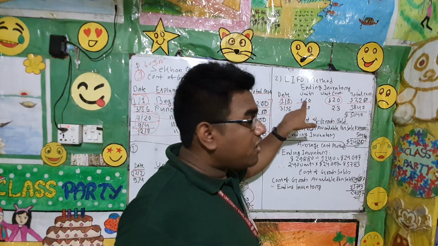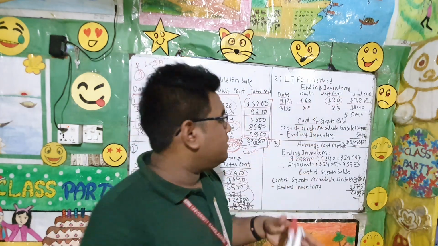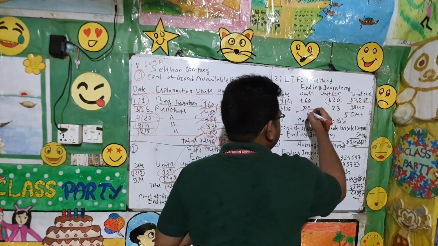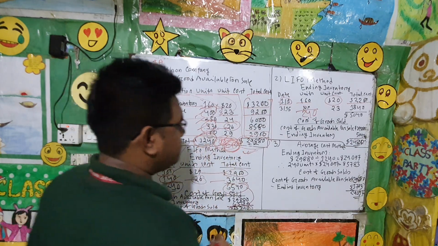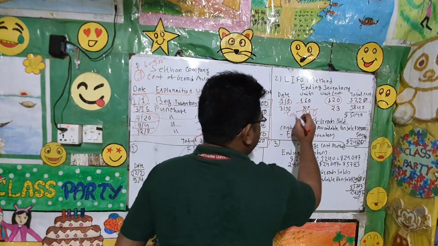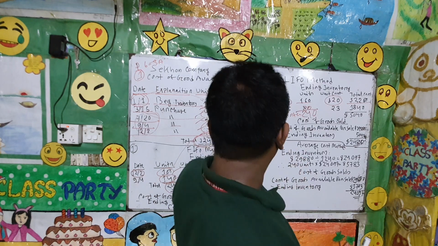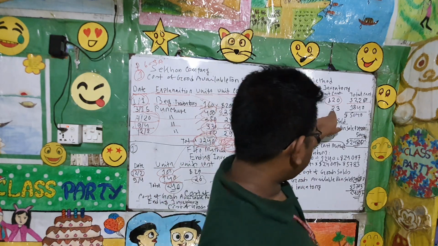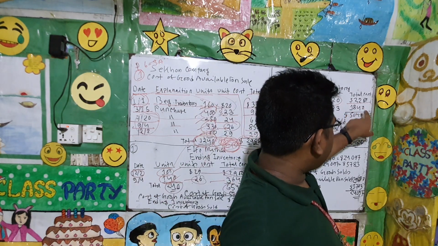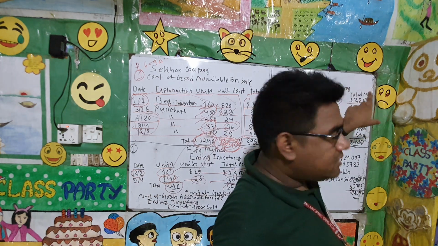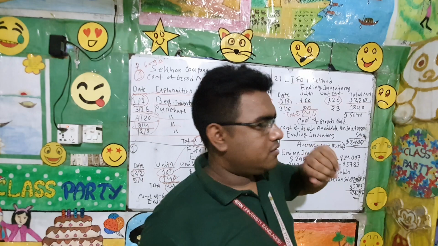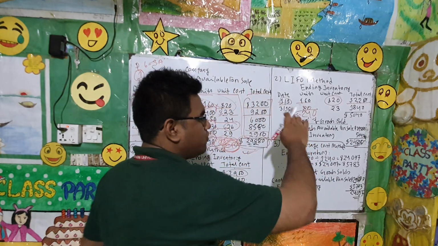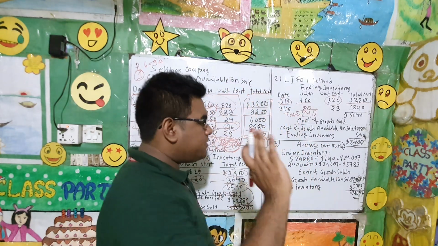So we need only 80 units to fill this 240. Here again 240 total. So 80 into that particular rate 23 multiplied is 1840. So if you add, you will get how much? $5,040.